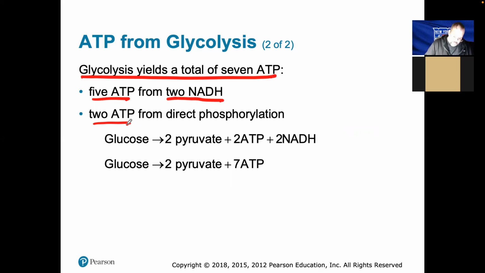So essentially, 1 glucose gives us 2 molecules of pyruvate, 2 ATP, and 2 NADH, or if we combine these together, 1 molecule of glucose, just from glycolysis, gives us 2 pyruvate and 7 ATP. Of course, the 2 pyruvate move on. But at the end of glycolysis, we already have 7 molecules of ATP.